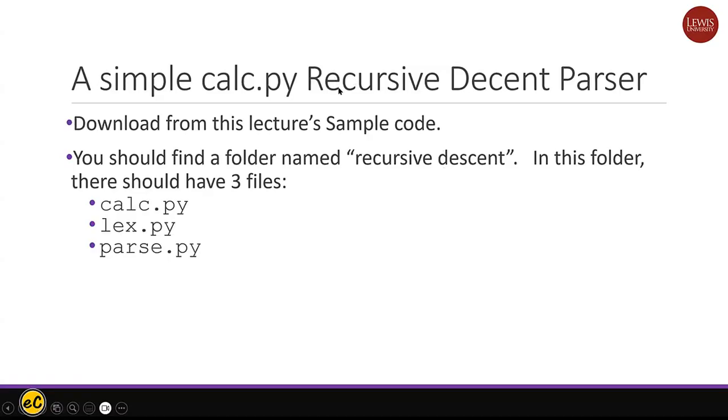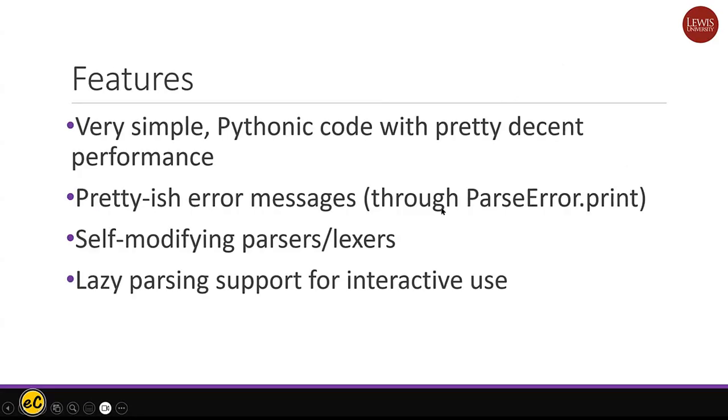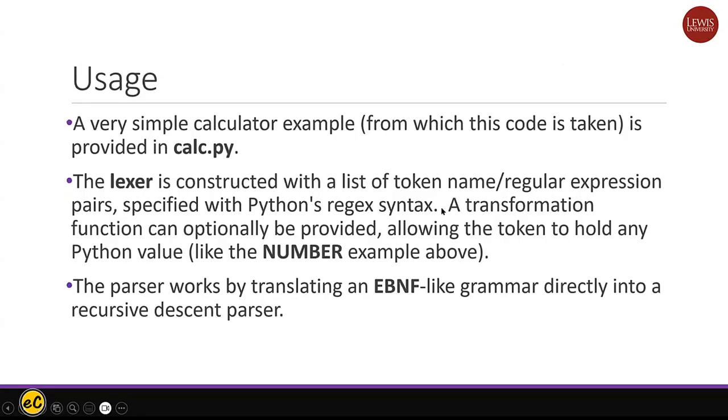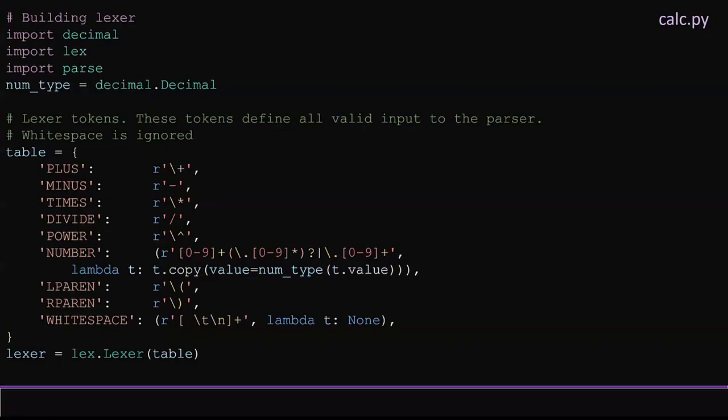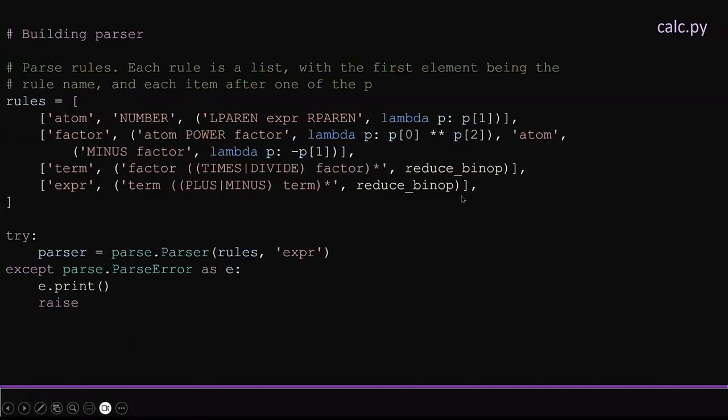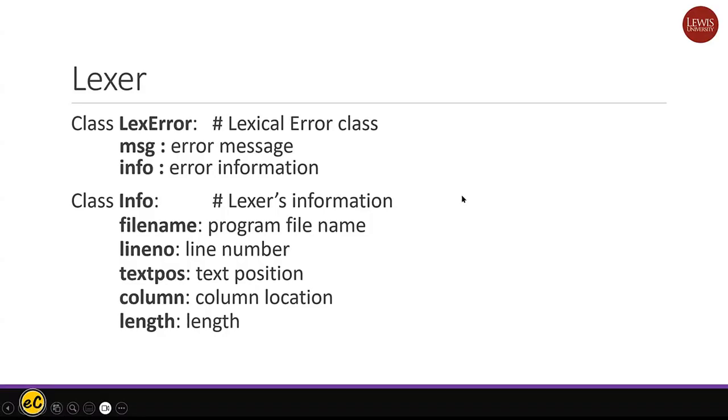And you can also build a recursive descent parser with a tool. So this one, basically, you use the so-called Lexer to build a lexical analyzer, and then you can also build a parser using the pre environment.